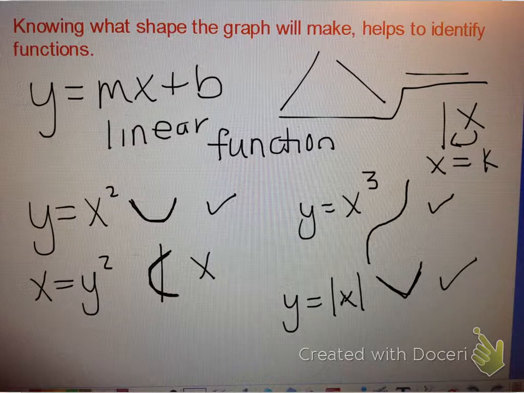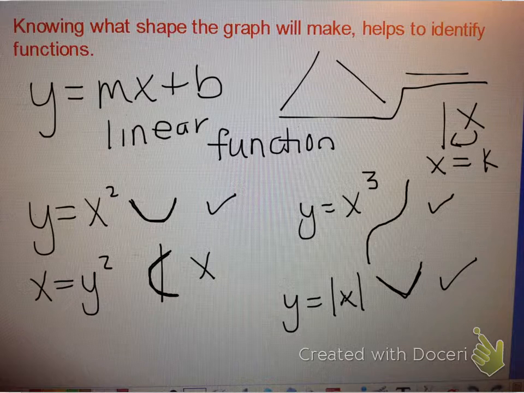So knowing the ideas of what those graphs look like helps you decide if it's a function or not. If you're not sure, substitute in some points and see if you can get the extra repeat. So if you plug in an x value and you can get 2 different y values, then that would not be a function. Okay.